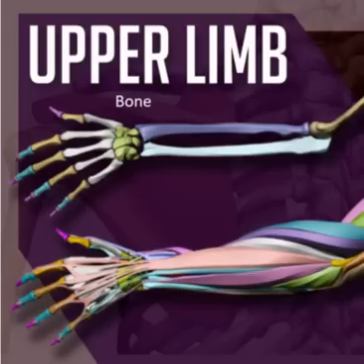This fuses to the shaft at about 25 years of age. What ligaments are present at the sternal end? The capsular ligament around the margin of the articular surface, anterior and posterior sternoclavicular ligaments, interclavicular ligament, and costoclavicular ligament.